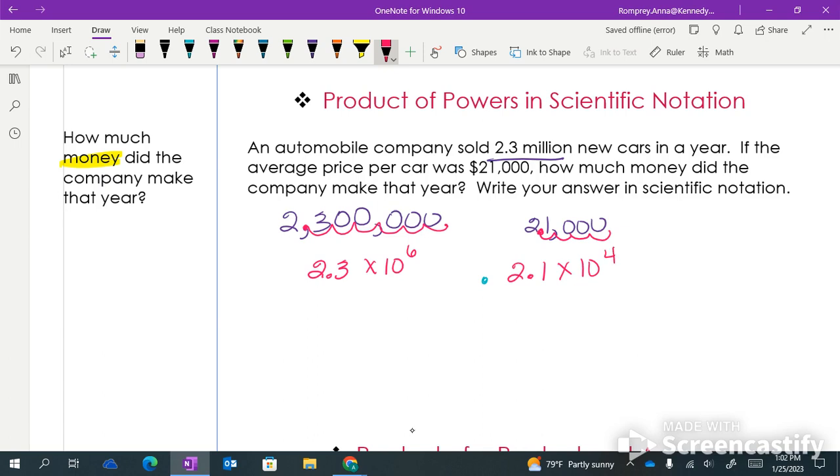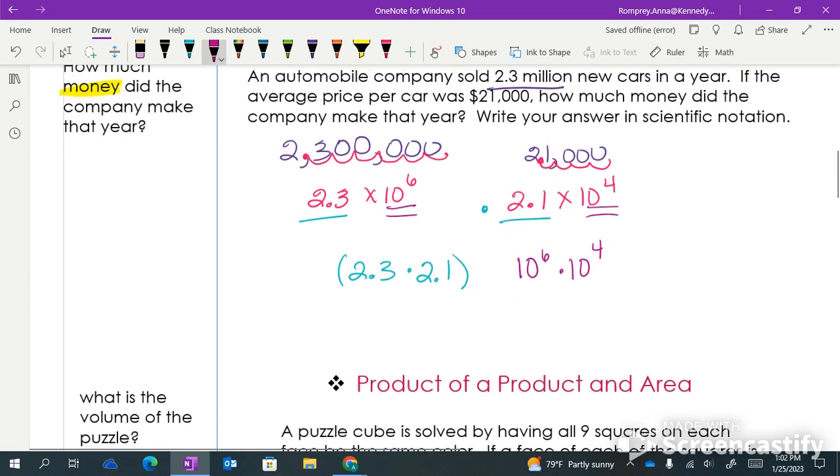When I go to multiply in scientific notation, this is where our rules come in. First, we just multiply our numbers, 2.3 times 2.1, and then we have our tens, 10 to the 6th times 10 to the 4th.